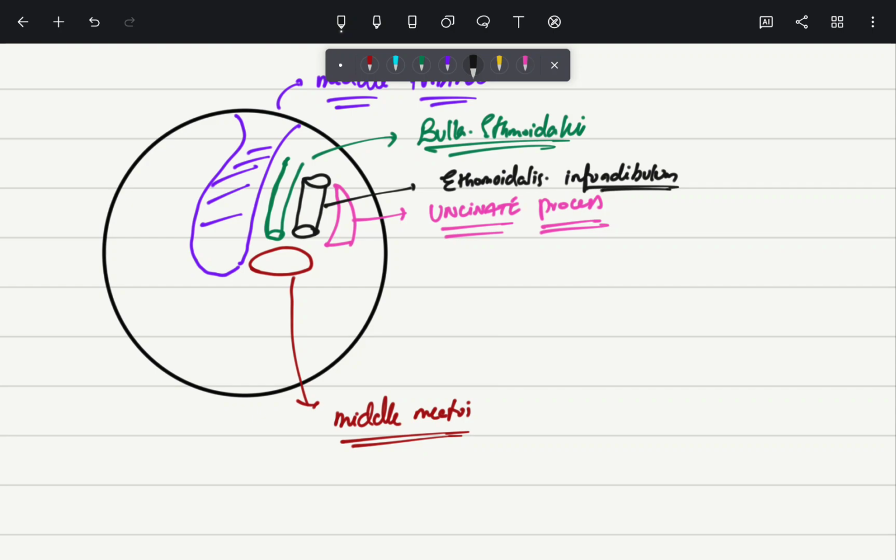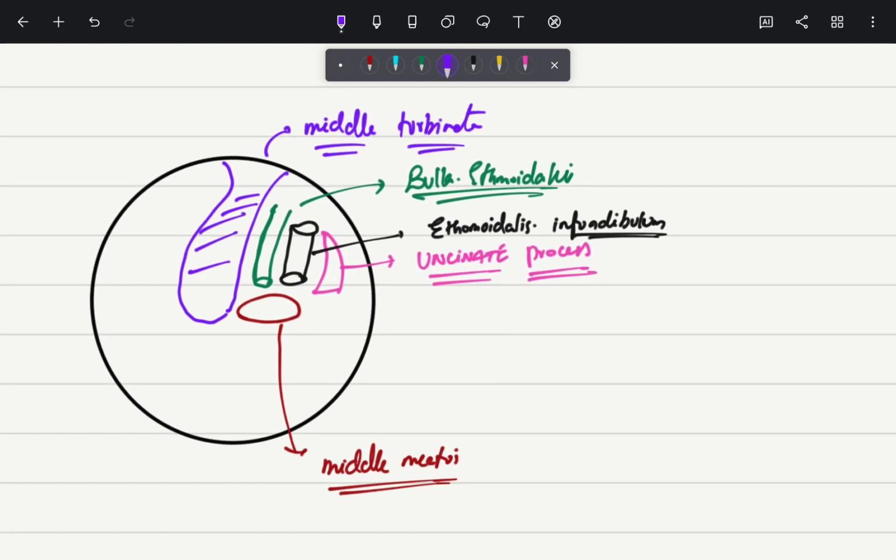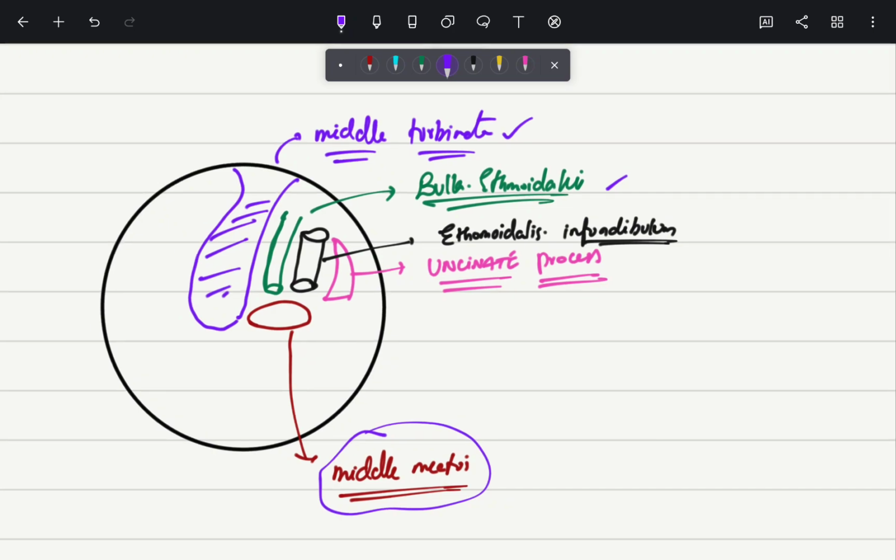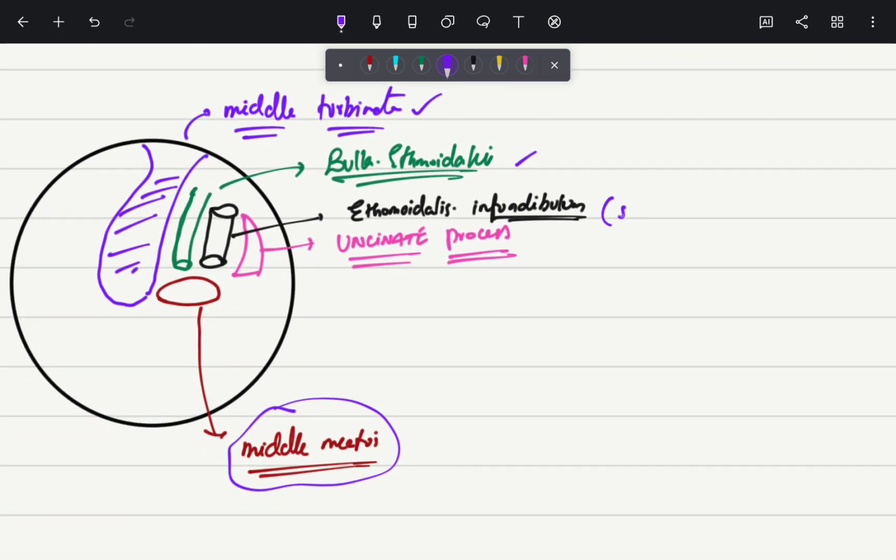Okay, so as you can see, this is the middle turbinate, and beside the middle turbinate is your bulla ethmoidalis, and below that is the middle meatus, and there is a sickle shaped bone called the uncinate process, and there is a space between the bulla ethmoidalis and uncinate process. That space is called your ethmoidalis infundibulum.